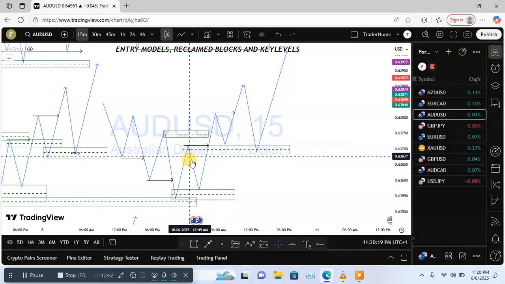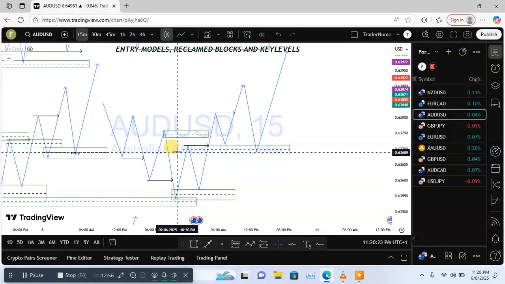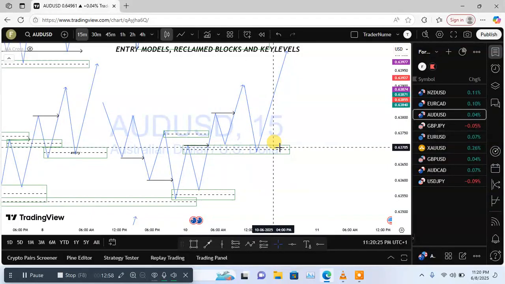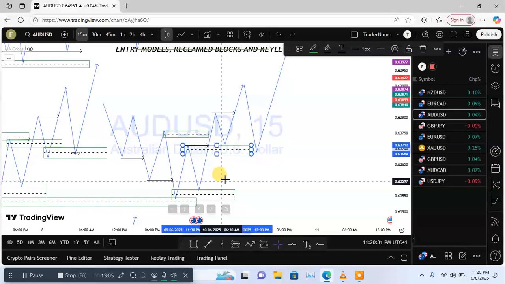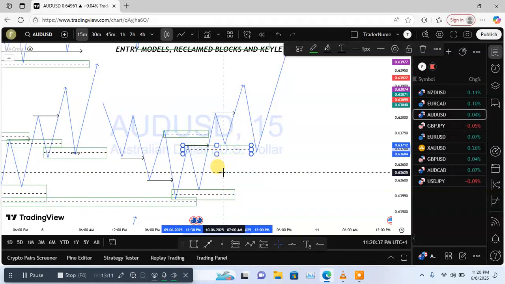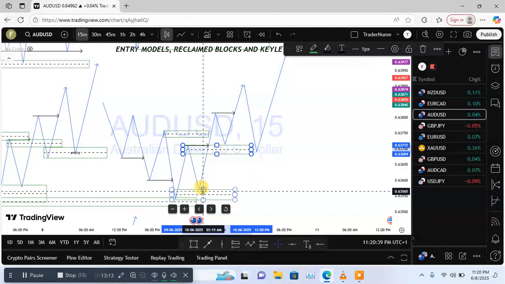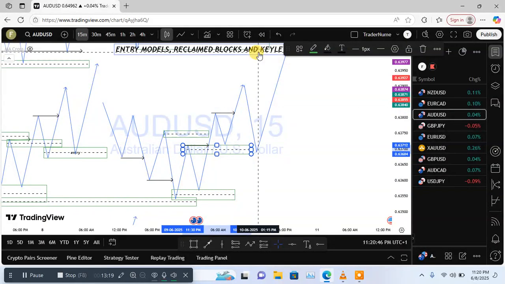Now when price fails and flips, you see that this supply zone that turned demand zone, this is it here. If you don't know about supply and demand zone, please go back to the first video to know what a supply or a demand zone is. And we also talked about supply turn and supply to demand, demand to supply. So this is a supply zone that failed and broke structure again.